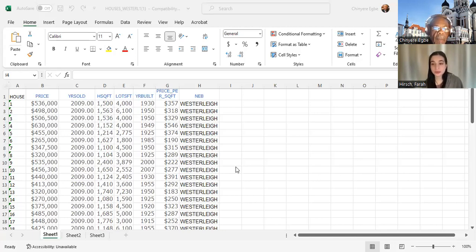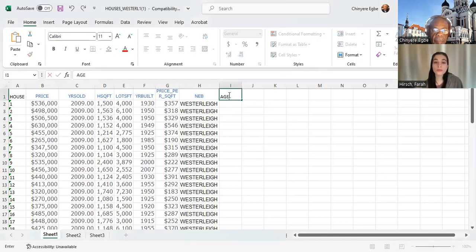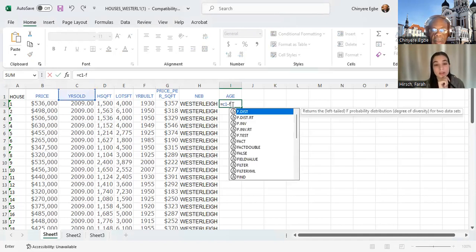Yes. Okay. And so year sold is 2009, and year built is given, so let's look at the age. All right, and that's equal to C2 minus F2.